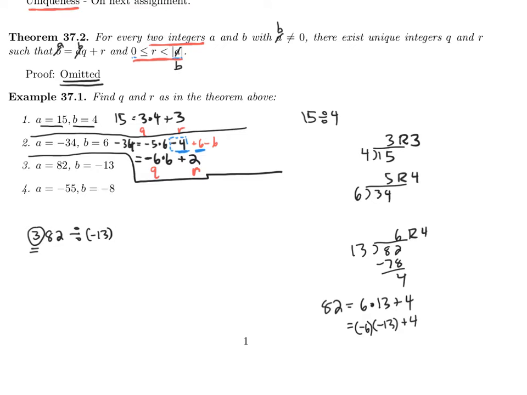So this guy, when we have a positive dividend and a negative divisor, well, this is going to be that 82 equals negative 6 times negative 13, that's 78, plus 4, that's 82.